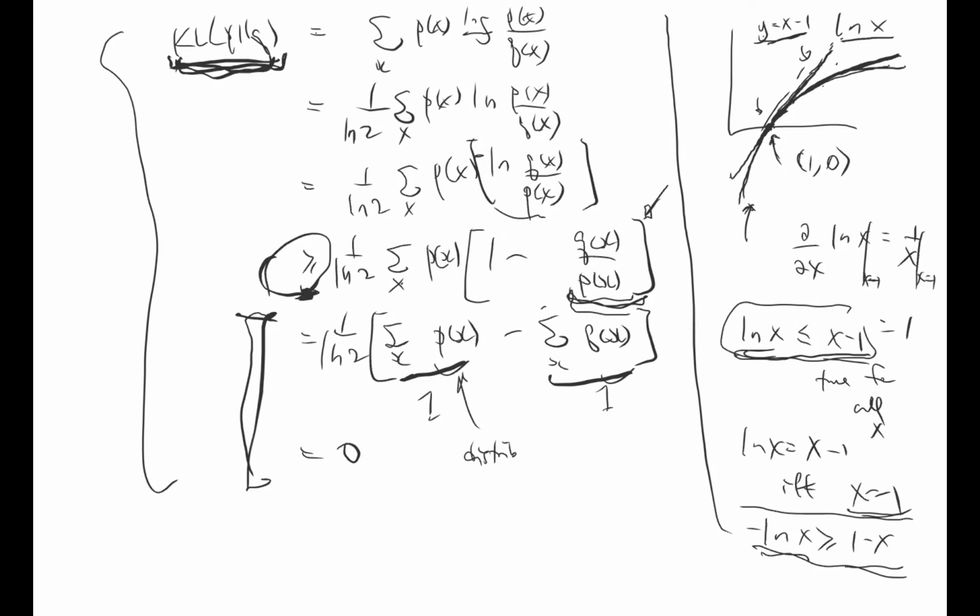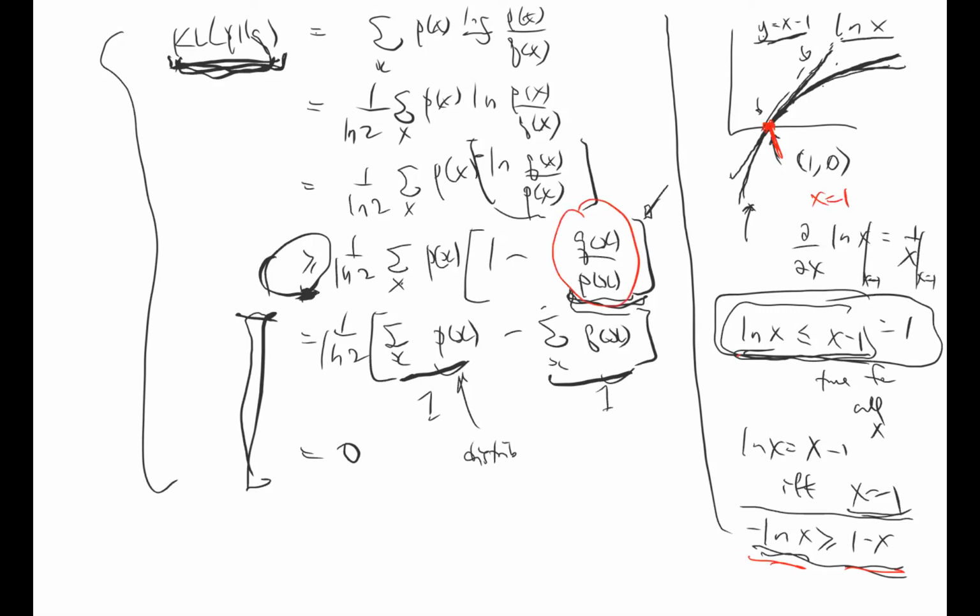Looking back at the inequality, minus log x is equal to 1 minus x only at one point, when x equals 1. Here x is qx over px.